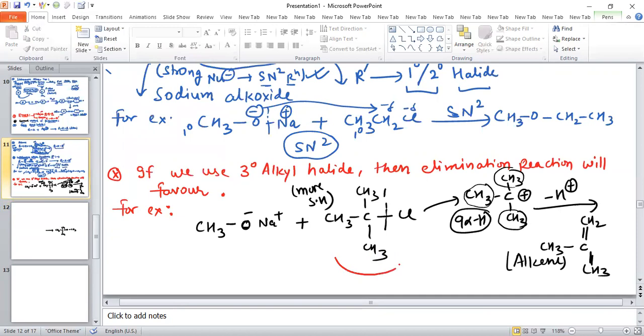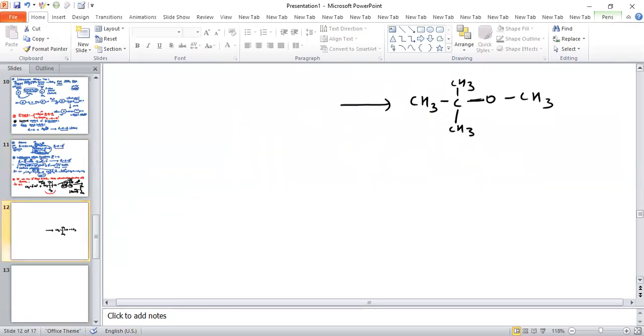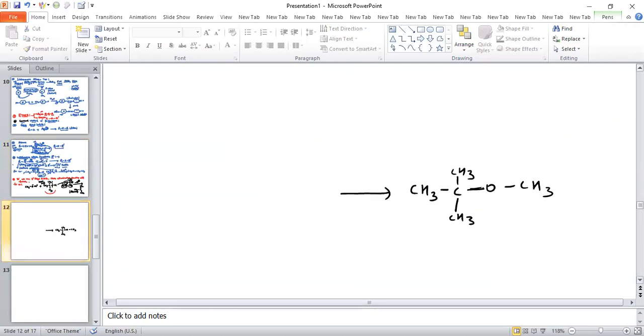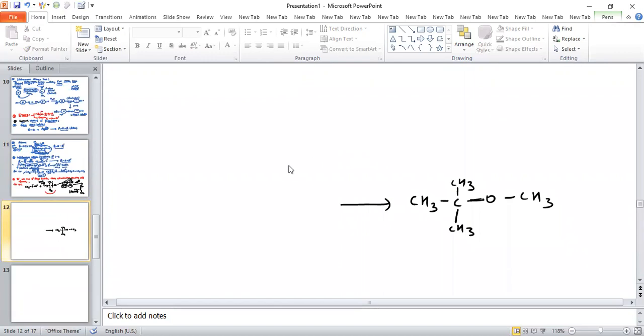How can you prepare this compound? We cannot use a 3 degree alkyl halide, but we can use a 3 degree base.